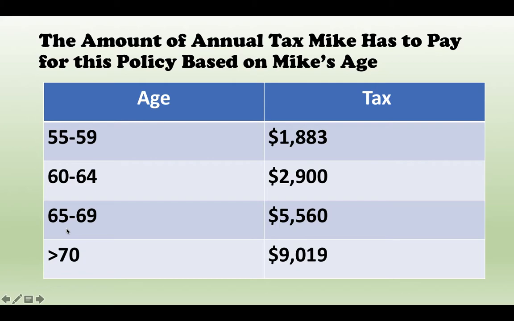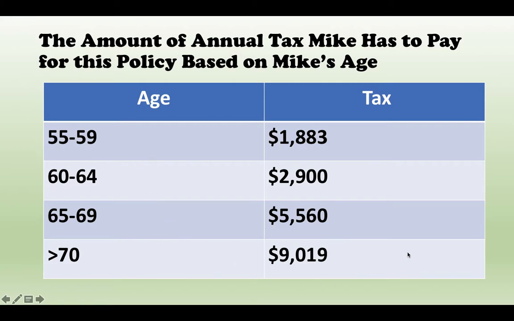If age is between 65 and 69, the tax is $5,560. If he is above 70, that is a significant amount of tax he has to pay on this life insurance policy, almost $10,000.